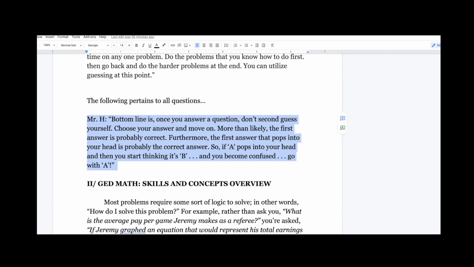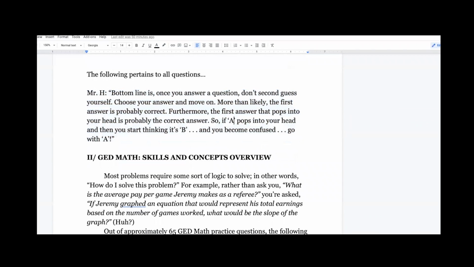Also, perhaps you've noticed this when you're taking a test. This is significant. This is psychological. If you're reading the question and automatically A pops into your head, that's probably the right answer. If you start thinking it's B and you get confused, go with A, or go with the original answer that you came up with.